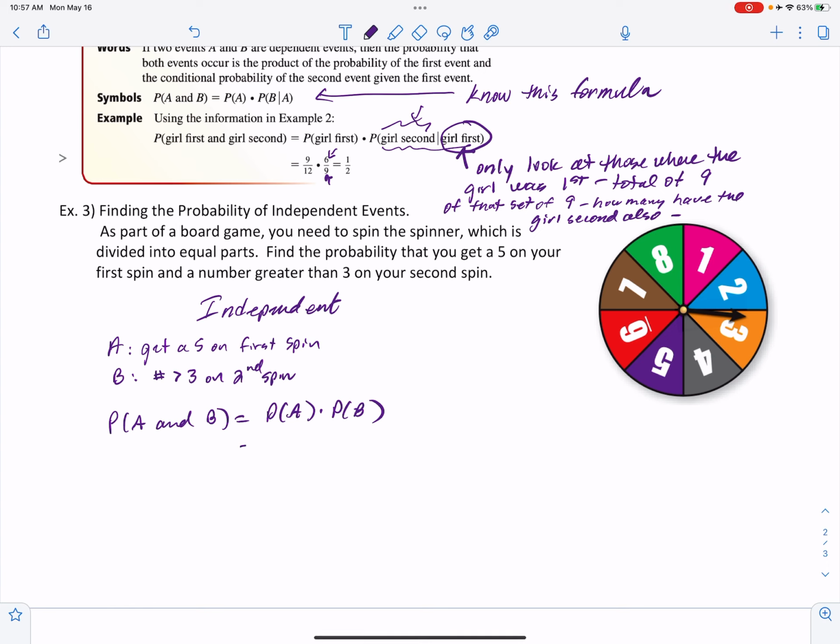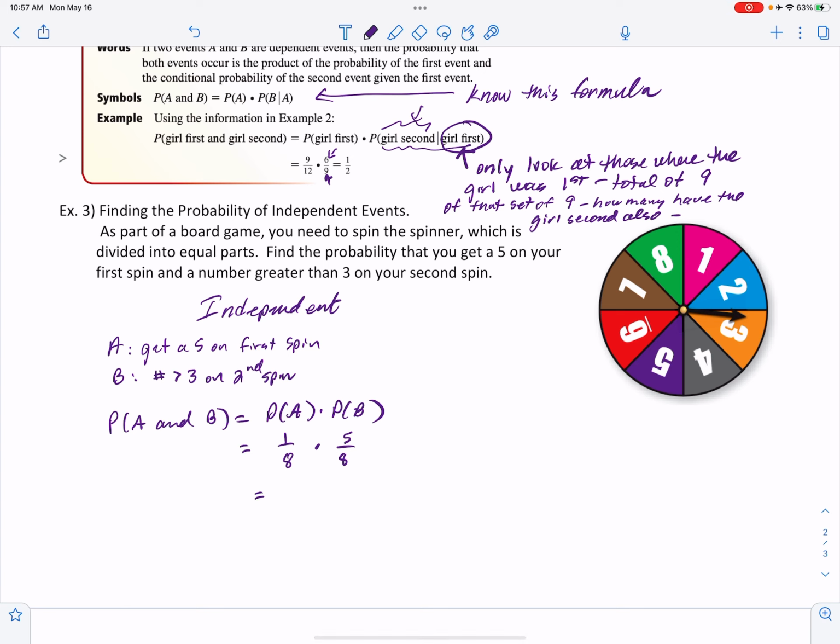To get the probability of a 5 on the first and a number greater than 3 on the second, getting a 5 on the first spin is 1/8. They're equal areas, equally likely to get each number. And getting a number greater than 3 would be a 4, 5, 6, 7, or 8, which is 5 out of 8 possibilities.